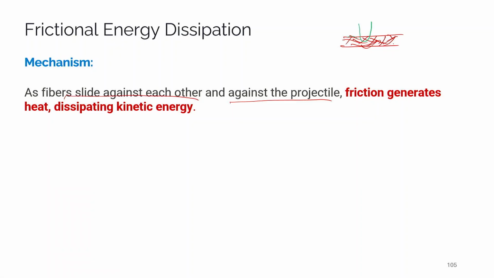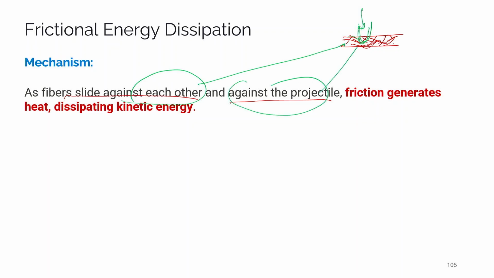The deformation is there. Now, due to this kinetic energy, there will be interfiber friction against each other, and against the projectile.